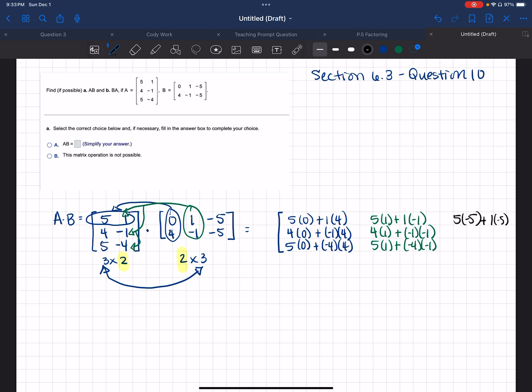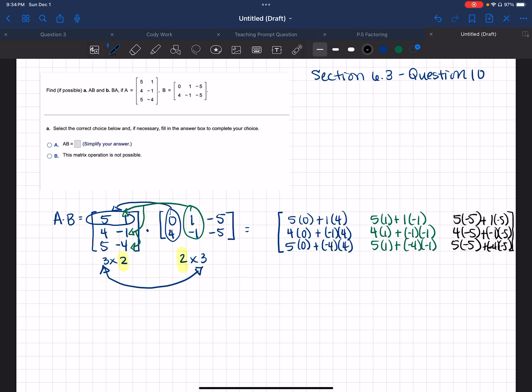Then 4 times negative 5 plus negative 1 times negative 5. And then 5 times negative 5 plus negative 4 times negative 5.